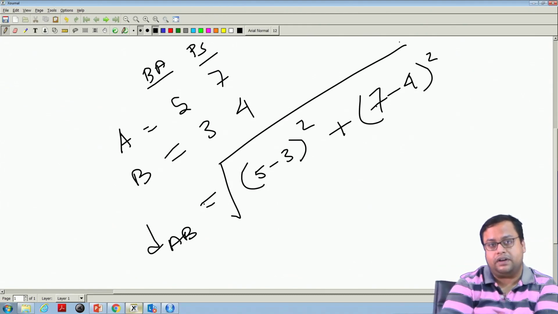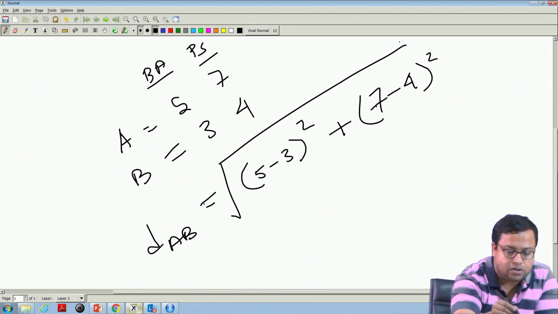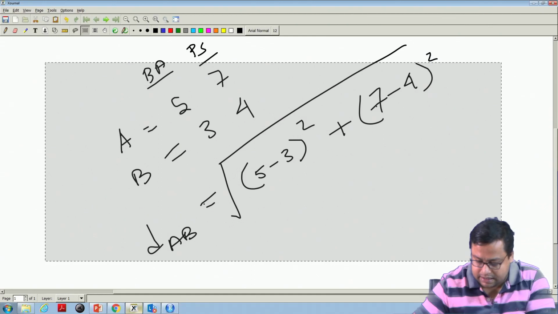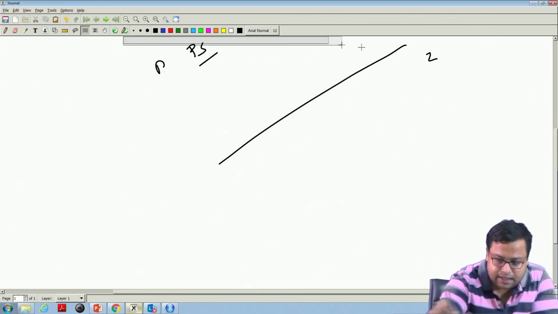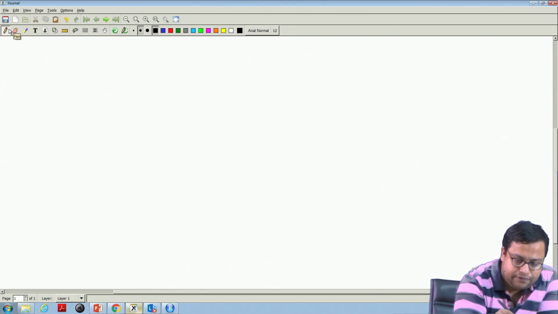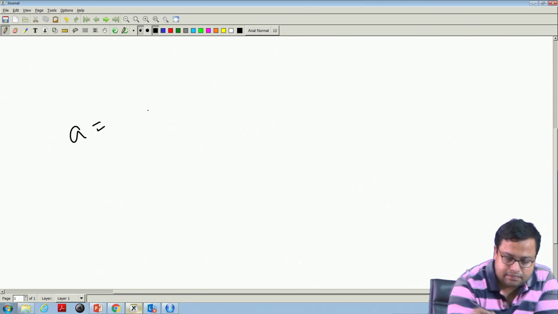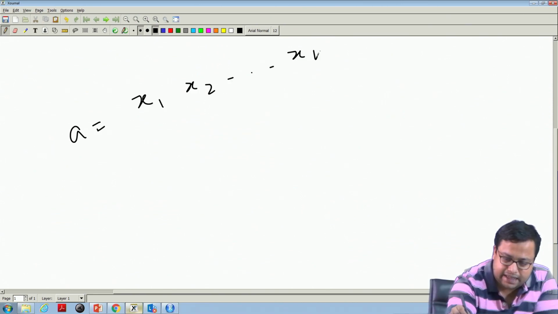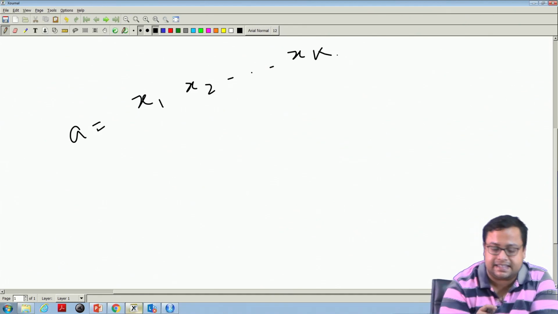So, what is the Euclidean distance formula? The formula is something like this. Suppose a person has x1, x2 up to xk number of characteristics.